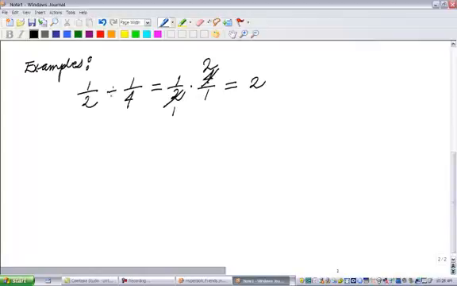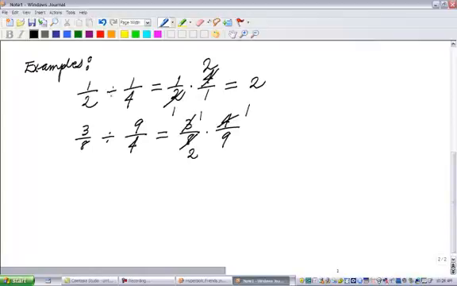Okay, let's do more examples like this. Say I have 3/8, and I am dividing that by 9 divided by 4. Once again, this is equal to multiplying by 4 over 9. So here's what I'm going to do in this case. I'm going to divide this by 4, I get 1. I'm going to divide this by 4, I get 2.